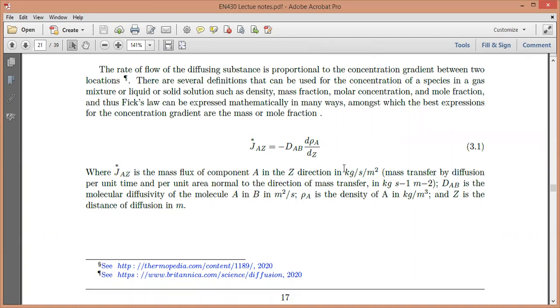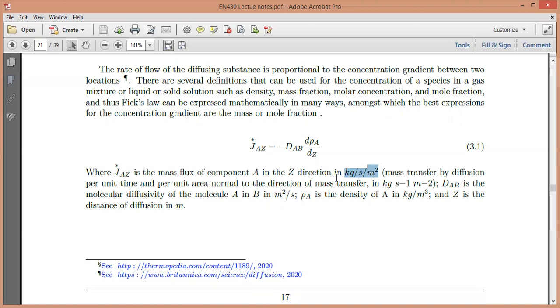These are the units for mass flux: mass transfer by diffusion per unit time and per unit area normal to the direction of mass transfer. So mass transfer has a direction, isn't it? That movement of molecules is in a certain direction, from one place to another, across a certain distance, which we consider in our calculation.